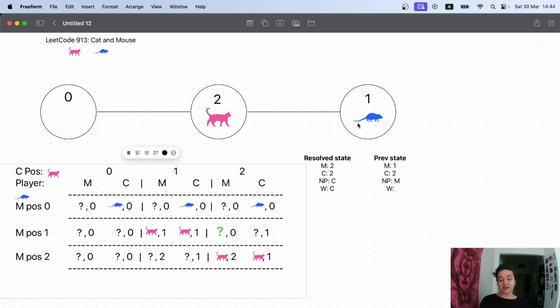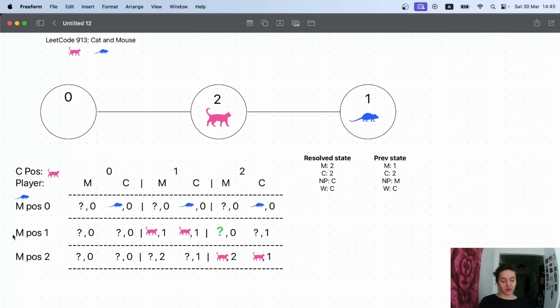As we can see in this graph, there is only this option. Since we got to 0, we can deduce for this state that the winner is already determined. The mouse made a move and lost, and there are no other options, so already it's the cat. So let's see if this state is resolved.